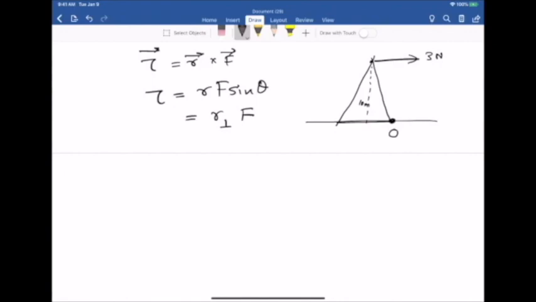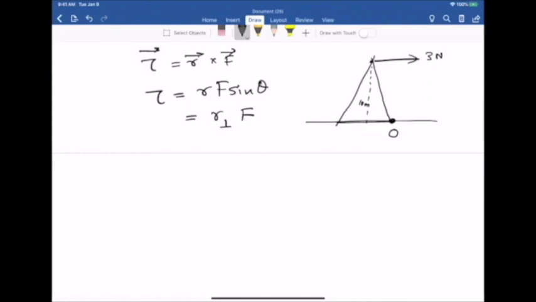If the object is fixed at O, then when you apply this force at the top, the object is going to topple over about the point O. So this 3 newton force will exert a torque about the point O. The axis of rotation is passing through the point O and is perpendicular to the plane of the paper.